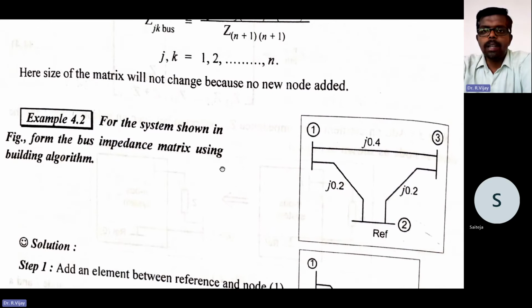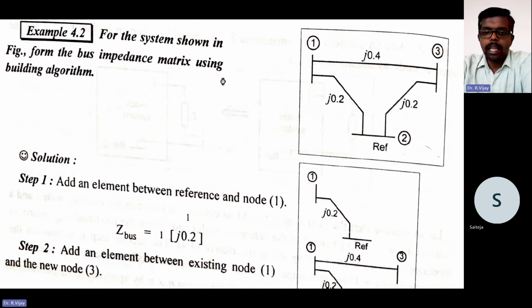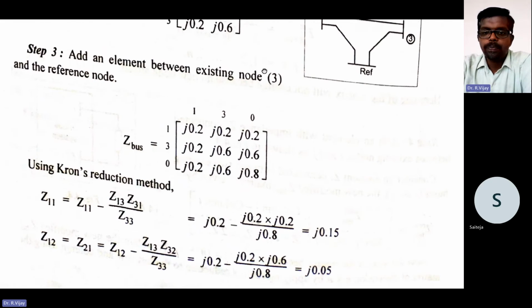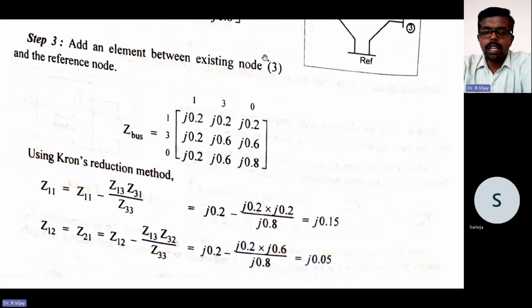So what is n? N is the number of rows. Here you have taken the second node as a reference node, so the total number of nodes is 2. So it is 2 plus 1, which is 3. So here Z of 1 3 into Z of 3 1 divided by Z of 3 3.